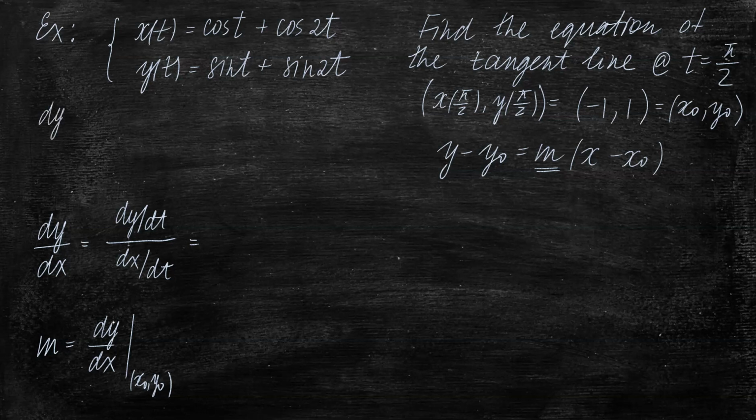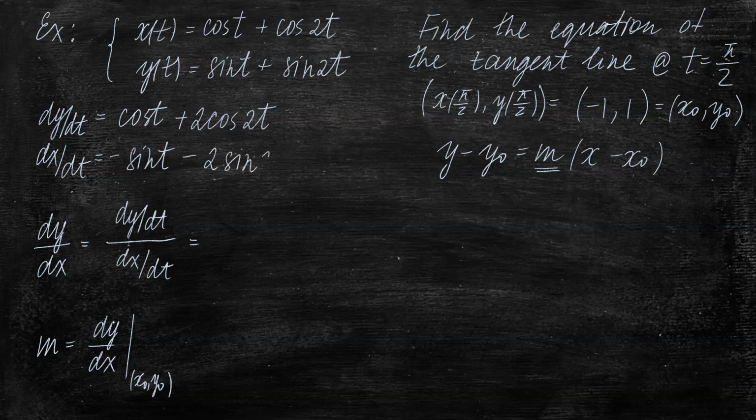So dy/dt is cosine t minus 2 cosine 2t. I'm using the chain rule. And dx/dt is negative sine t. This should be positive here. Minus 2 sine 2t. I'm also using the chain rule.